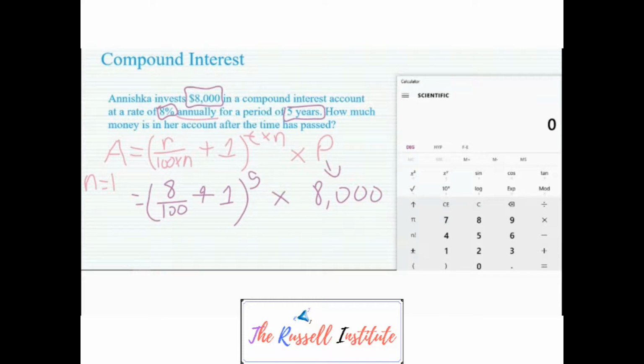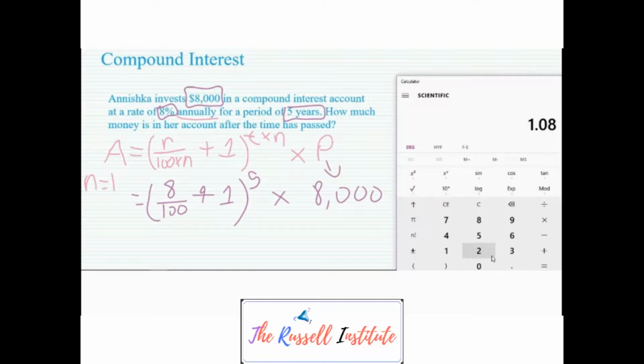So let's do this thing. So we're just going to go left to right and knock this out. So I have my calculator here on display to show you. So the rate is 8. We're going to divide it by 100. There we go. I'm not even going to clear my calculator. And then I'm going to put plus 1. That's adding 100%.